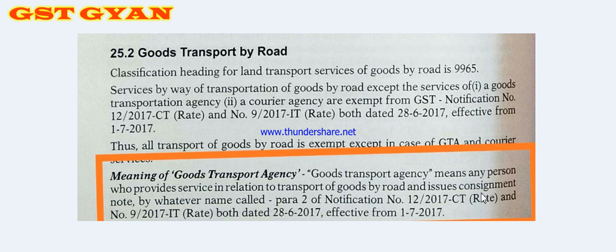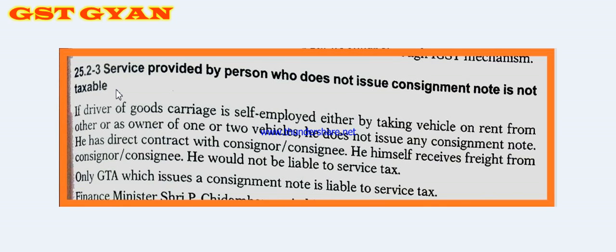The second condition to be taxable and considered a goods transport agency is that you must provide a consignment note to the consignee. We are talking about it because service provided by a person who does not issue a consignment note is not taxable at all. Only those who issue a consignment note are liable to service tax.